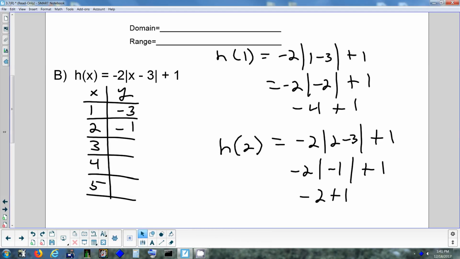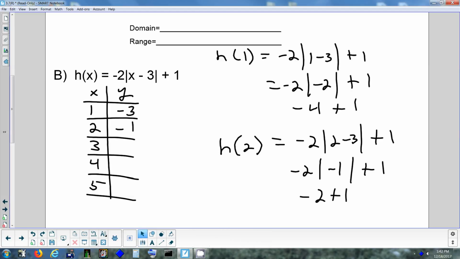Now, we really only have one more value to find. As long as you found the first 2 right, then the last 2 should be right. If you made a mistake finding the first 2 and you copy those numbers for the last 2, then you get more wrong. Let's plug in 3. 3 minus 3 is 0.